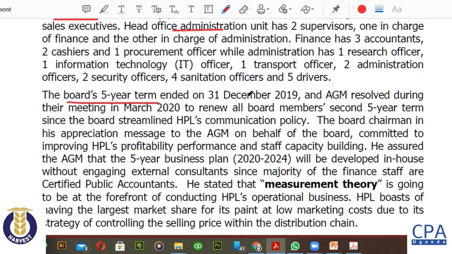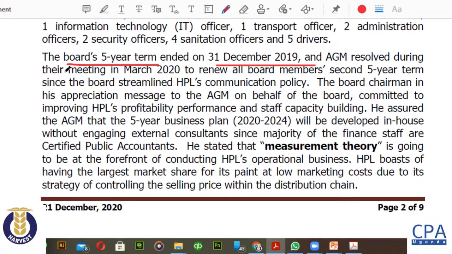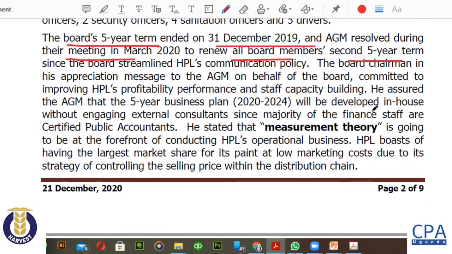The board's 5-year term ended on the 31st of December 2019, and the AGM resolved during their meeting in March 2020 to renew all the board members' second 5-year term, since the board streamlined the company's communication policy. The board chairman, in his appreciation message to the AGM on behalf of the board, committed to improve the company's profitability, performance, and staff capacity building.